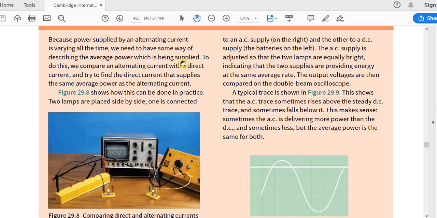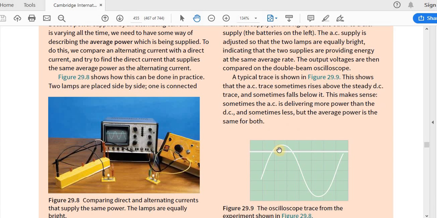So to describe the average power, we try to find the direct current that supplies the same average power as the alternating current. So this line represents the direct current that supplies the same power as this alternating current.